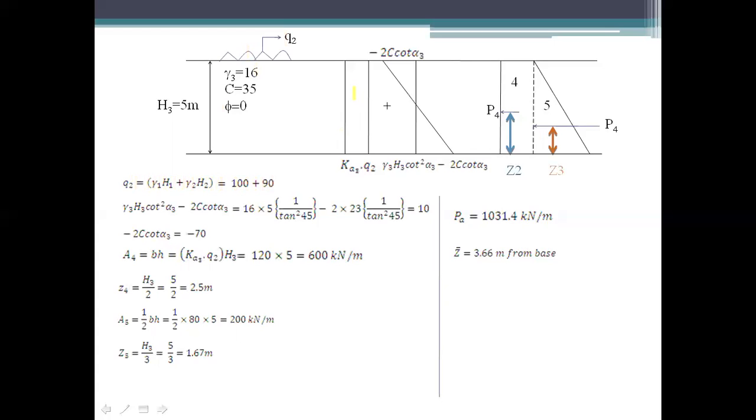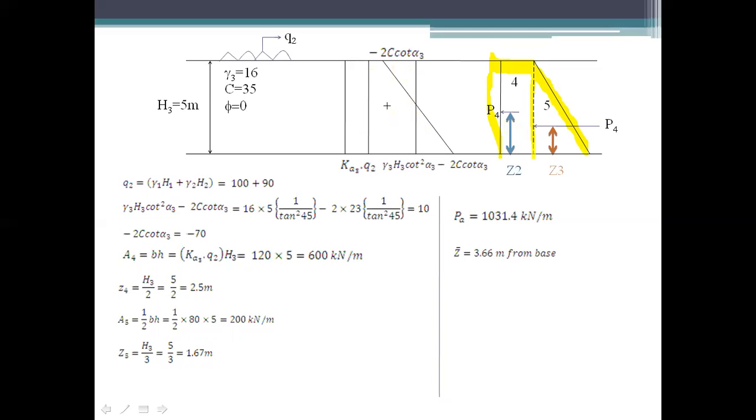So this is your positive diagram for surcharge loading, and you again have a negative and positive diagram. When we do the addition, you get such a type of diagram here. Okay? So for calculation, this dotted line is drawn and we make two diagrams, 4 and 5.